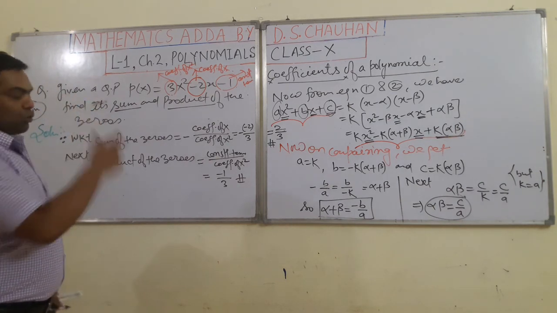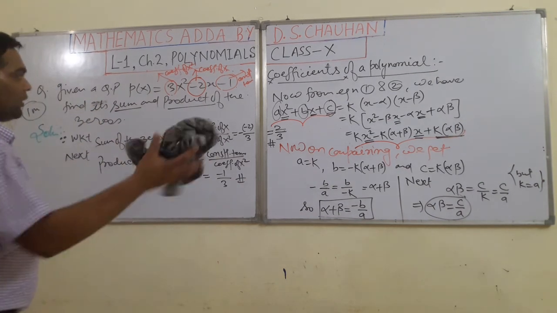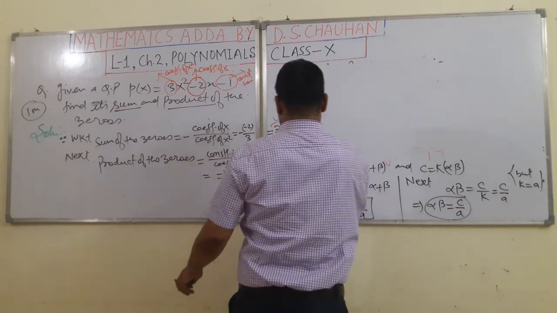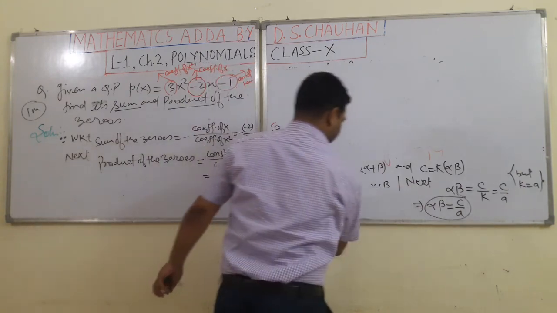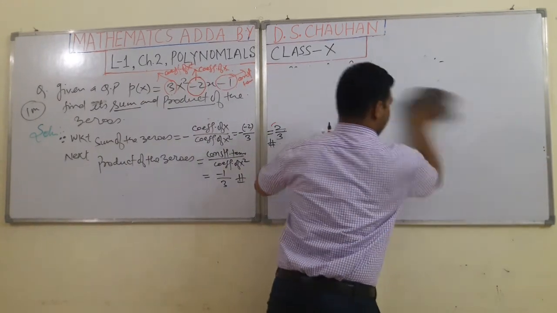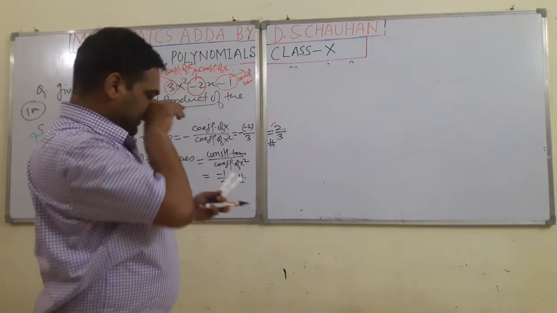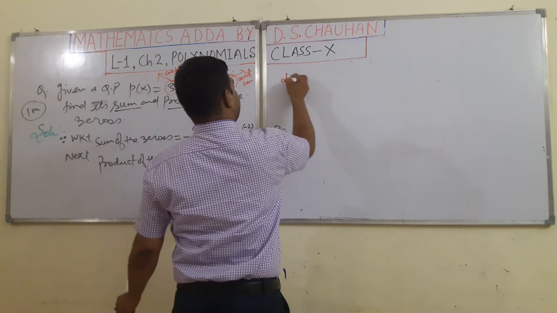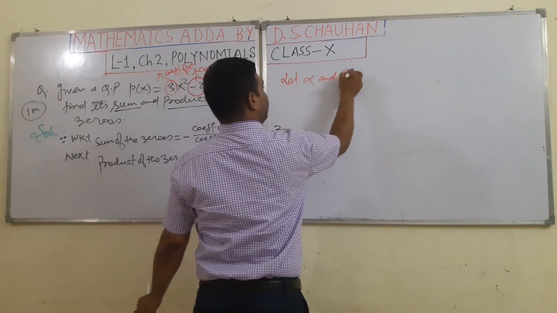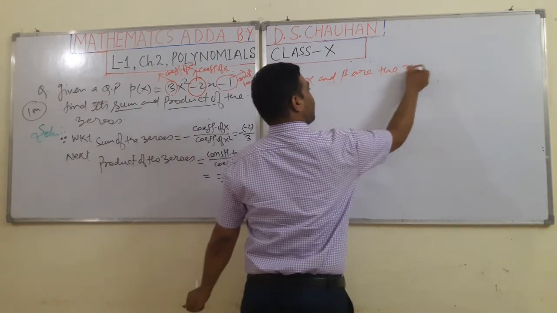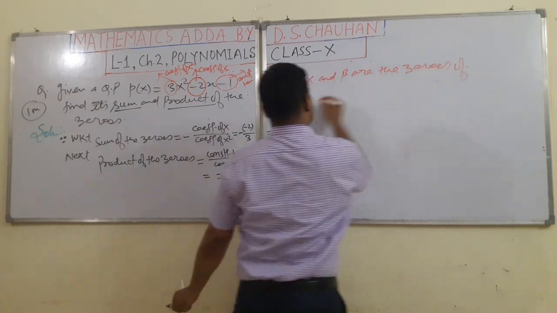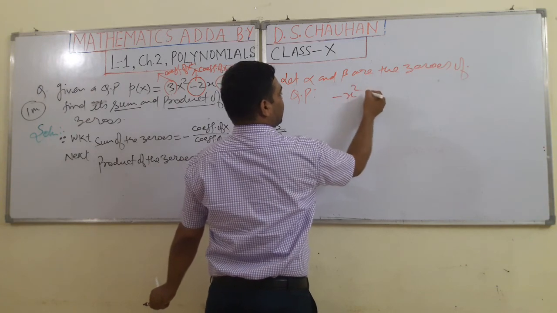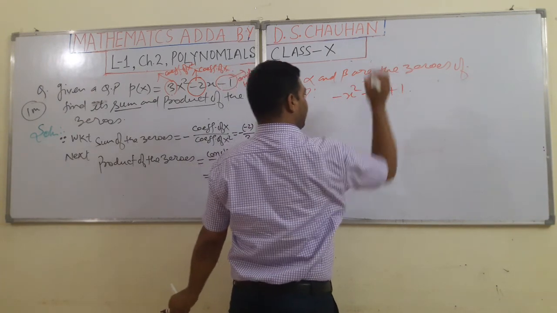Now one more question I am giving you. See how to do it. All of you see it. Try to understand. This is another question. Let alpha and beta be the zeros of the quadratic polynomial minus x square minus x plus 1.